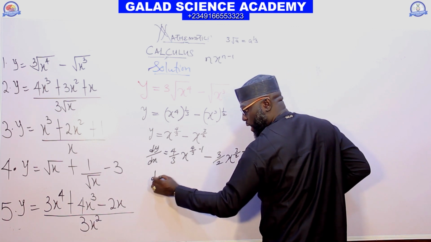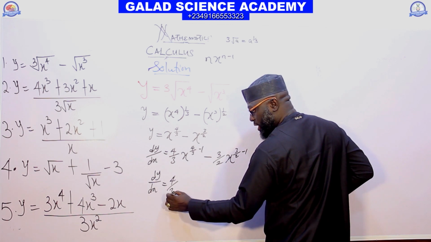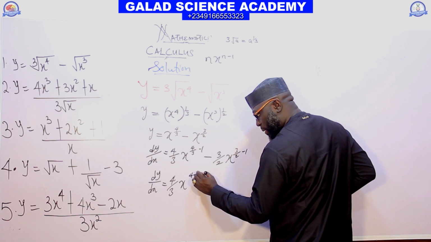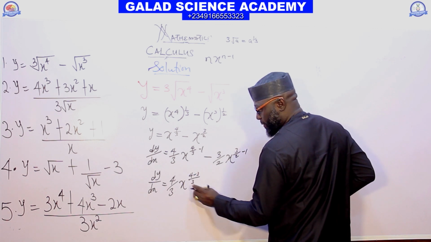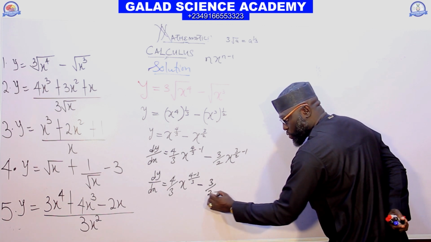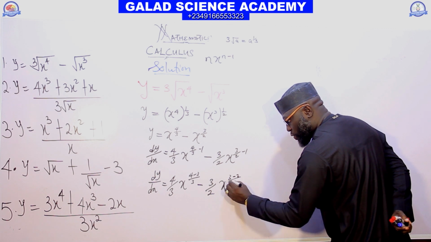So dy dx will now be 4 over 3 x. What will be the LCM here? 4 minus 3 over 3. Here we have 3 over 2 into 3 minus 2 over 2.